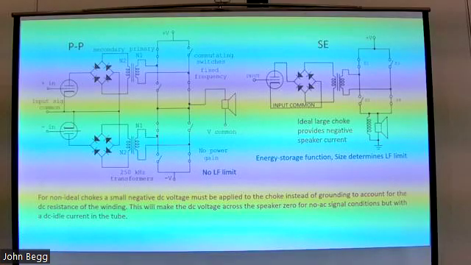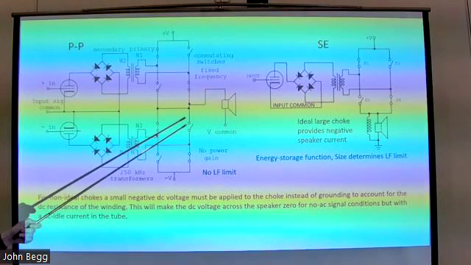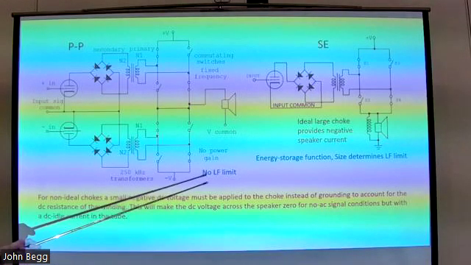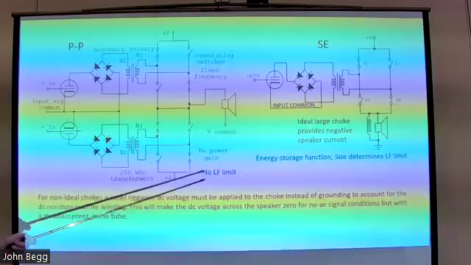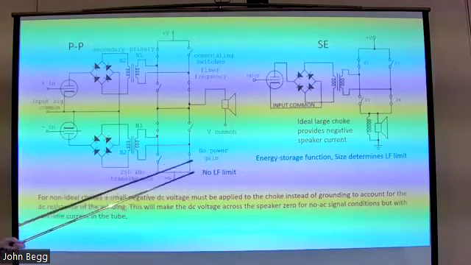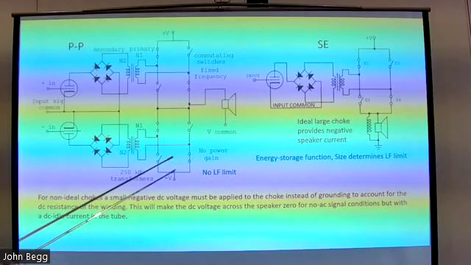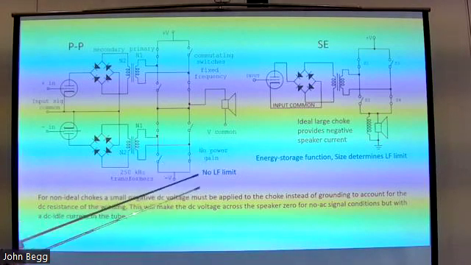Now, under no signal conditions, meaning just an idling current but no AC audio signal, the speaker has ideally no current, because the DC resistance of the choke is ideally 0. So all the idling current is passing through the choke.